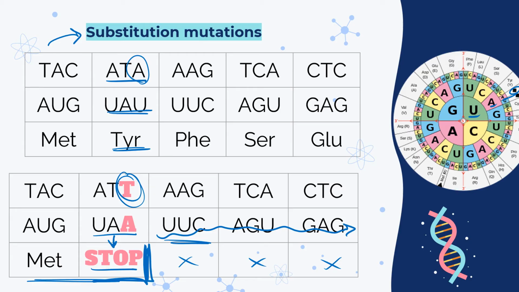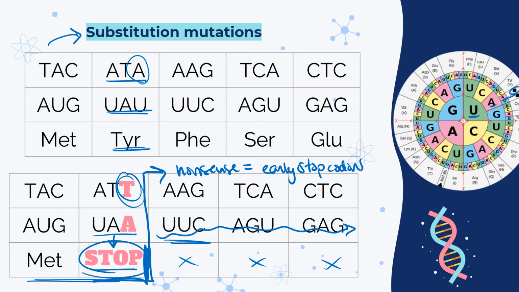The previous slide we looked at a silent mutation had no effect. This one is called a nonsense mutation. Nonsense mutations are base substitutions that come with early stop codons. And most of the time, the stop codon is not the second place in the whole chain.